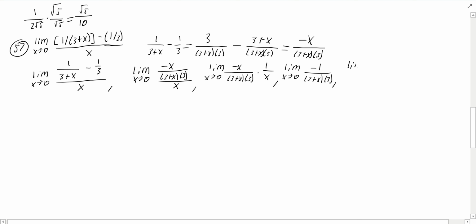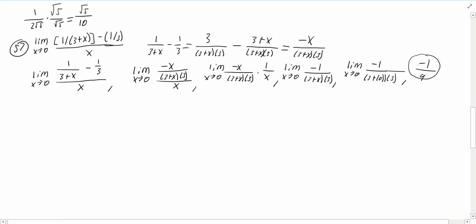We get the limit as x goes to 0 of negative 1 all over (3 plus 0) times 3, so we get a value of negative 1 over 9. So that's our answer. That looked very terrible, but the value of negative 1/9 is what we get.